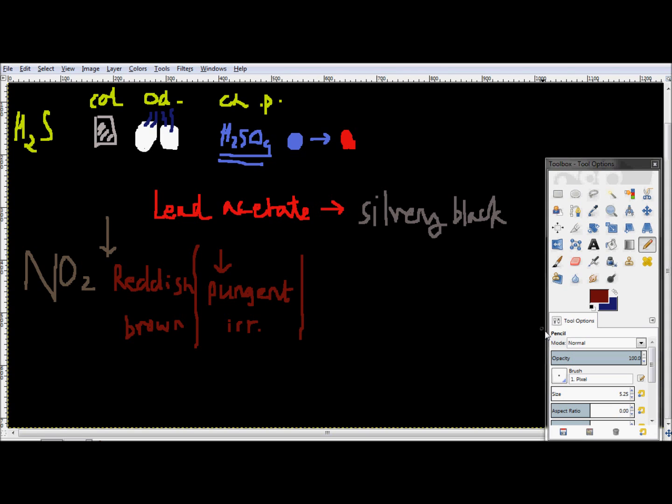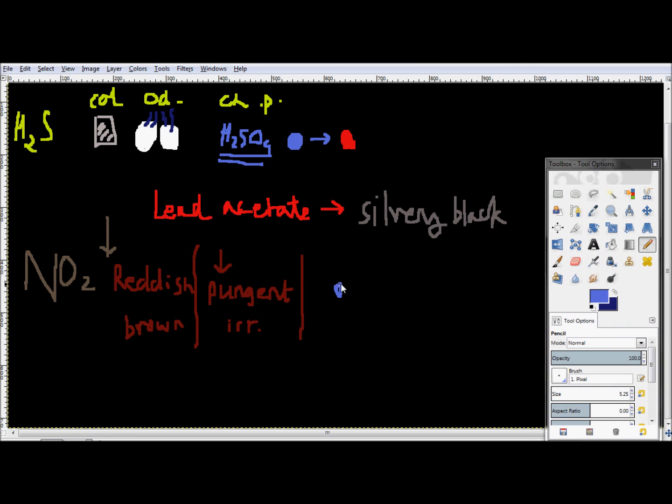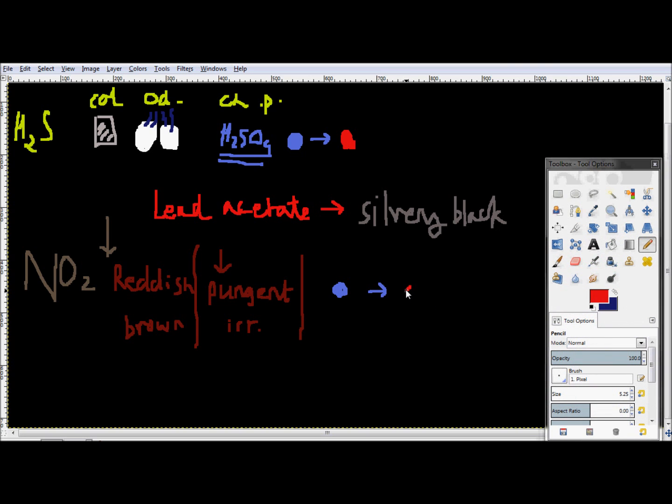So again, blue litmus turns to red. Always, in a question when you're told to identify a gas and you're given parameters like turns blue litmus red, what you should do is just visualize and think about what property that shows.